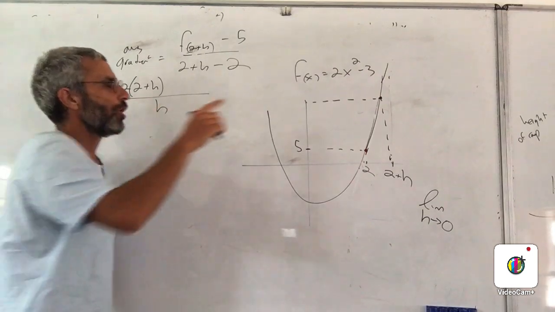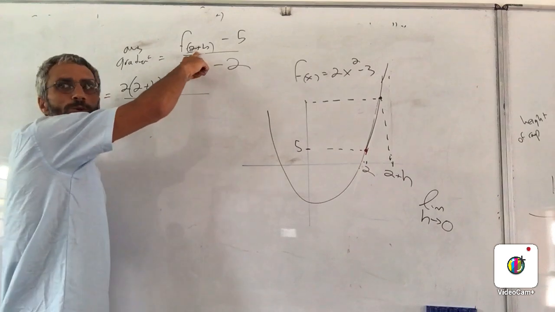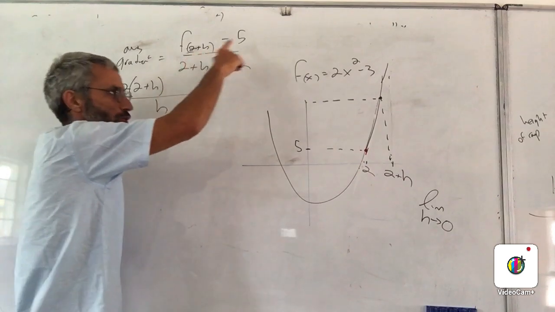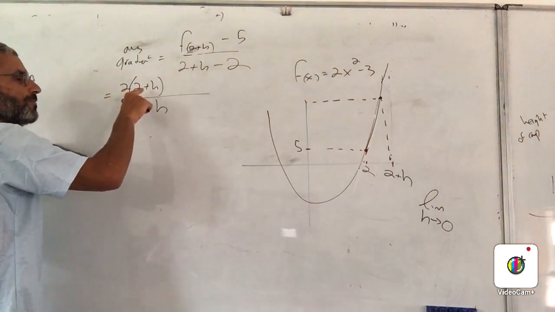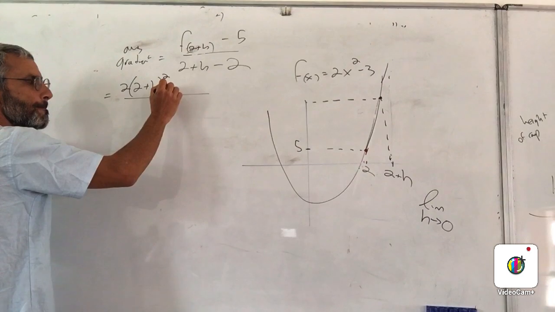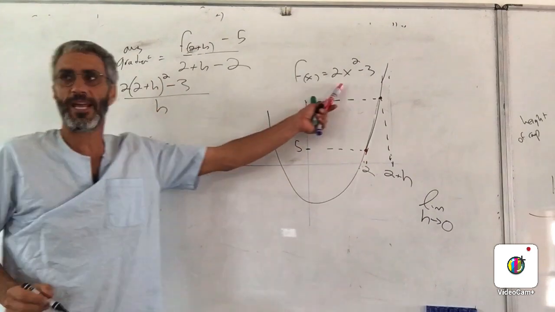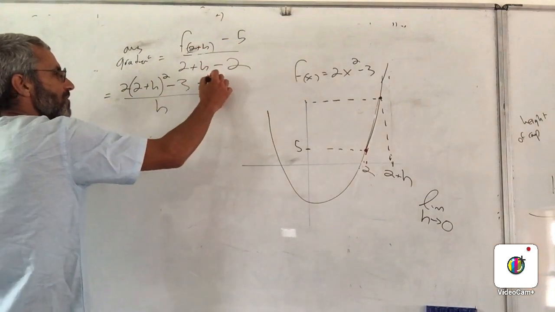What is x equal to? 2 plus h. So we just sub 2 plus h. So it's 2 times (2 plus h) squared minus 3. You're just subbing 2 plus h for x. And then don't forget, we still need to minus 5.